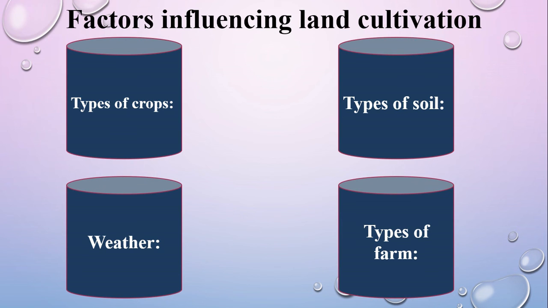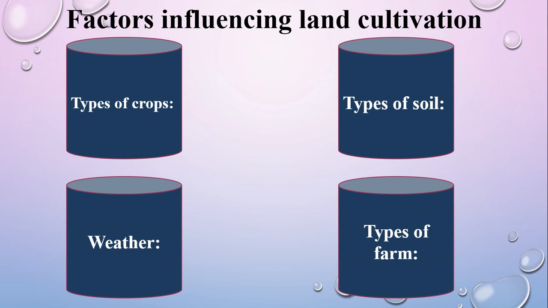For instance, if you make a mango orchard, you do not need to cultivate the whole land. But for rice cultivation, you have to plow all the land. For mango cultivation, in a specific area you need to make the pit. So those are the factors you need to follow for the factors influencing land cultivation.